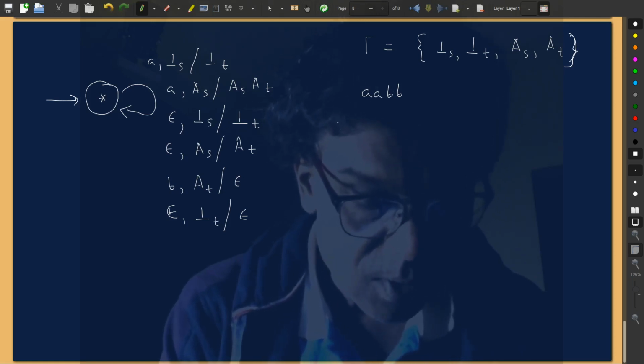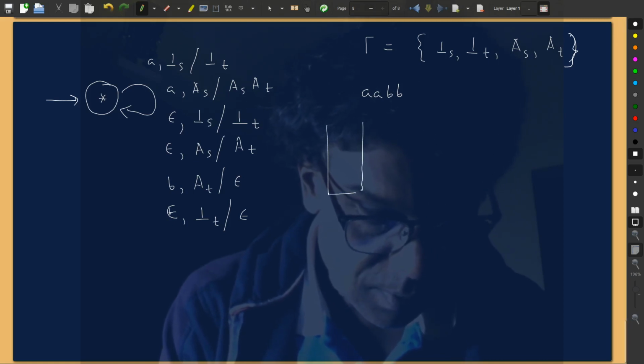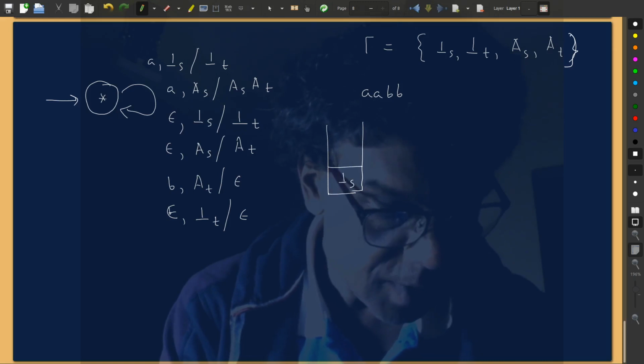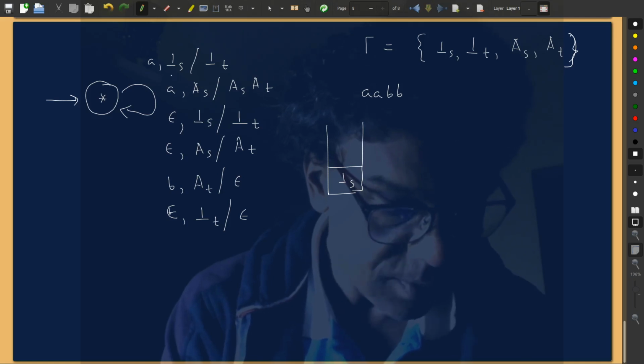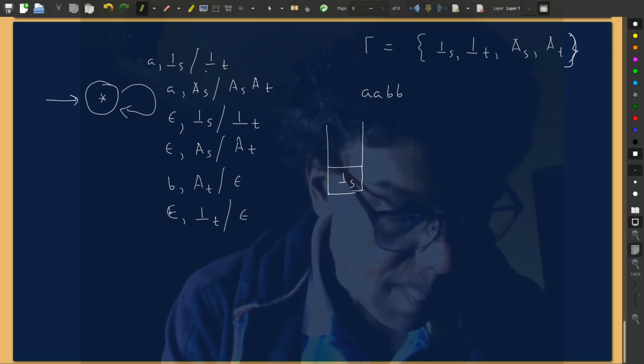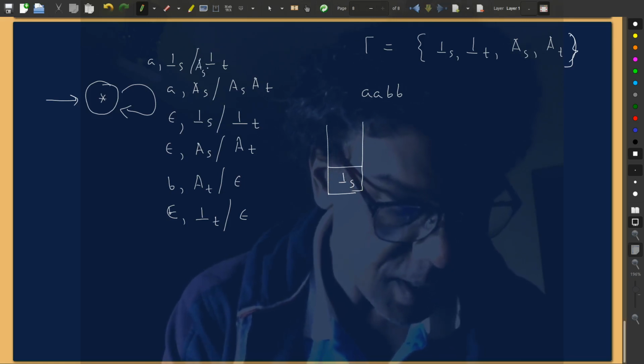Okay. So let's see. So this step is initialized to this S. Then one A is consumed. This rule applies. This rule applies. Sorry, I should have one AS here. Okay.